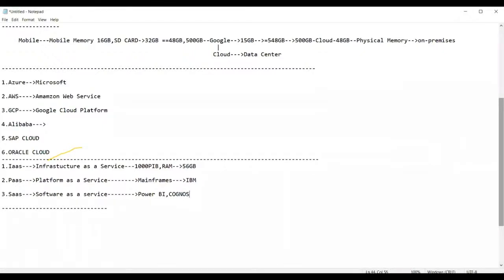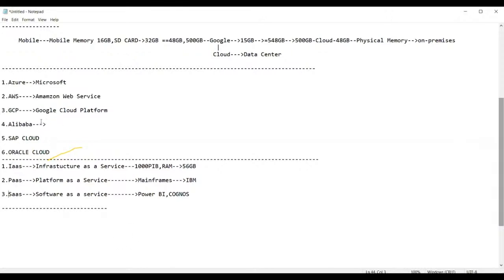You need not buy the license of this, need not worry about this. Simply inform your cloud provider that you require it. He is going to buy that for you. Everything is taken care of by the cloud provider in the service called what? Software as a service. So these are the three categories of services we have.